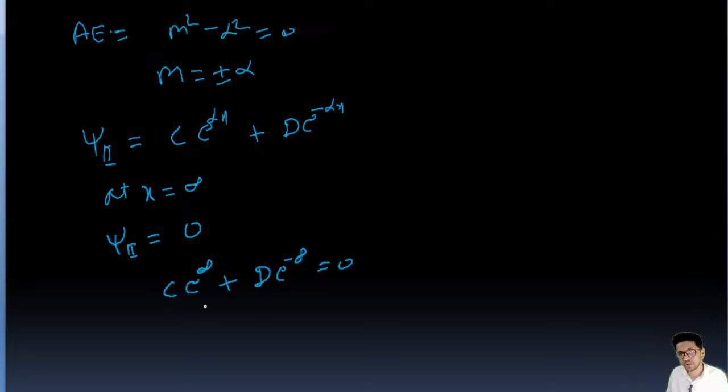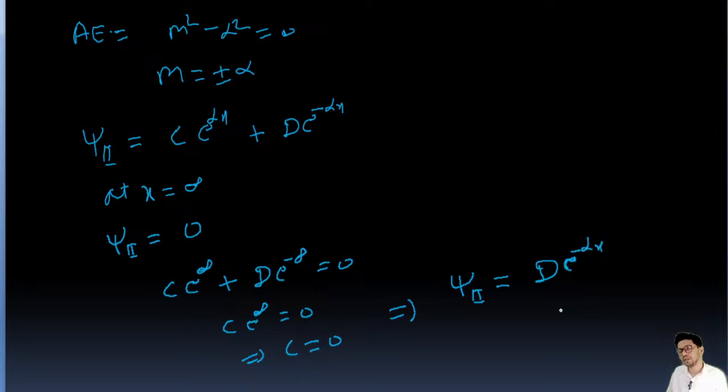This term is going to be 0. The term c e to the power infinity cannot be 0. This implies c equal to 0, and this implies the wave function psi 2 is d e to the power minus alpha x. This is the wave function.